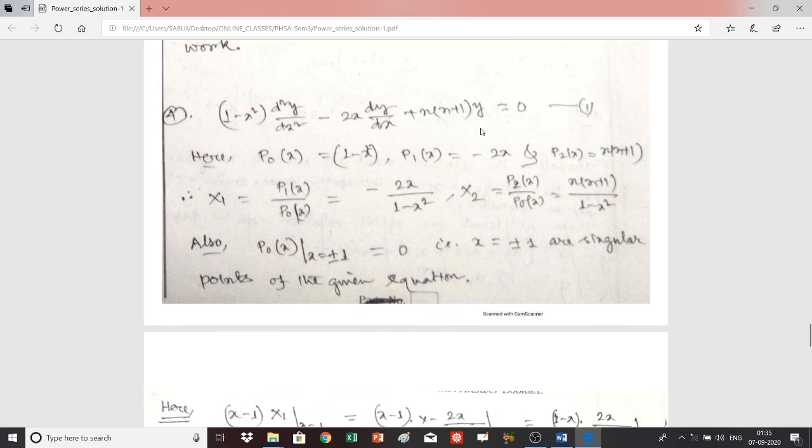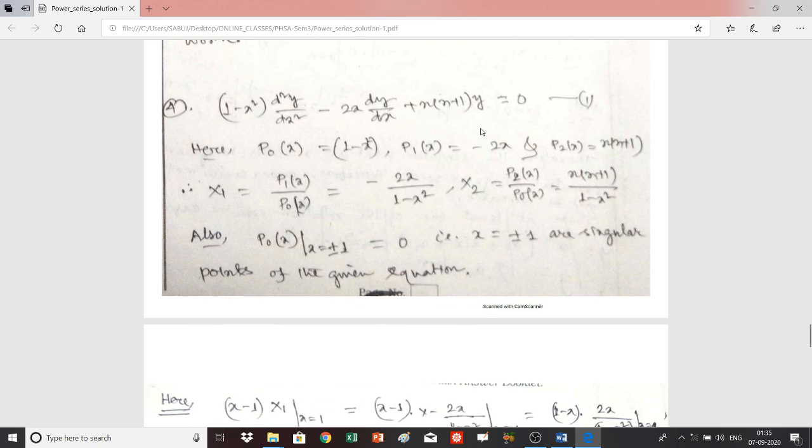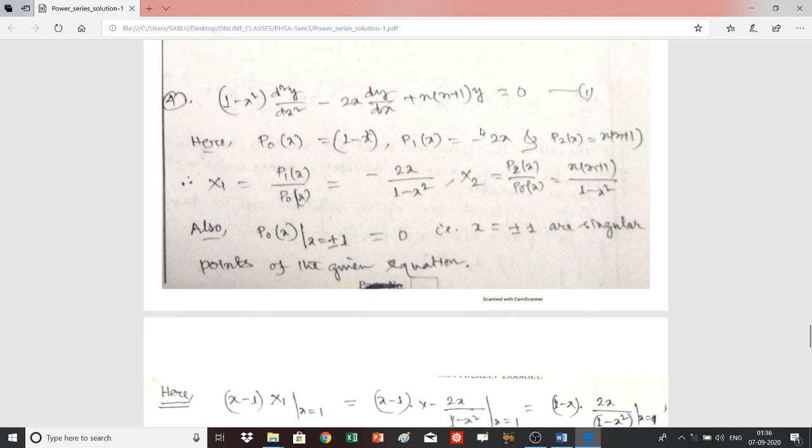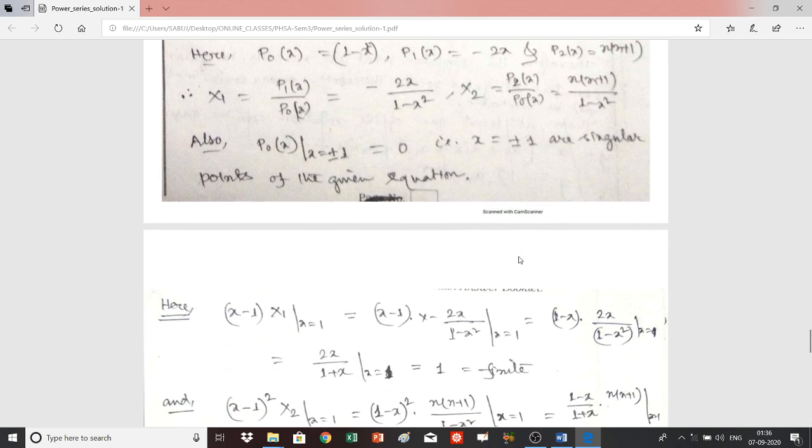Now, whether this equation can be expressed in power series method or not can be understood by checking whether x equal to plus 1 and minus 1 are regular singular points or not. If they are regular singular points, then the solution is possible.